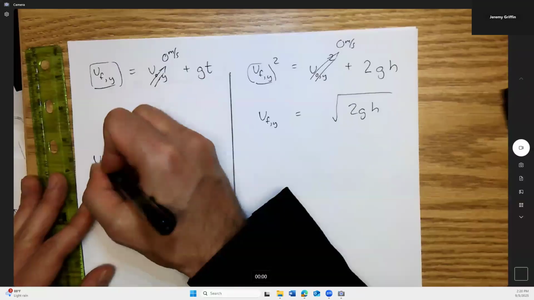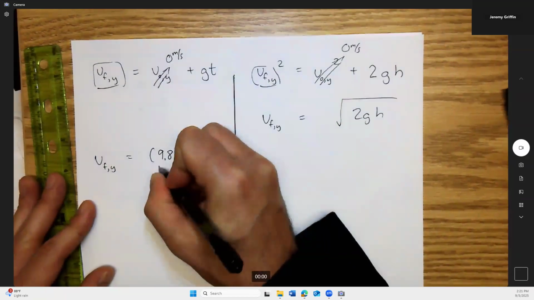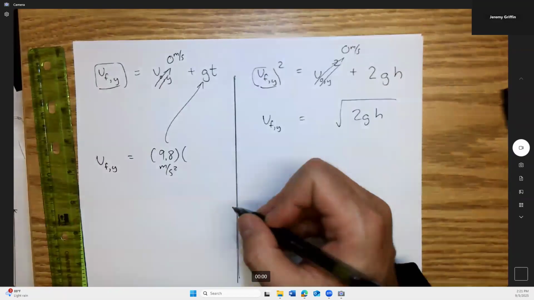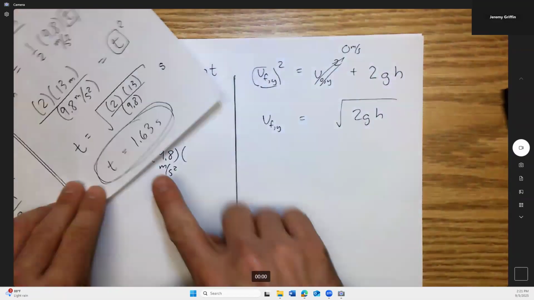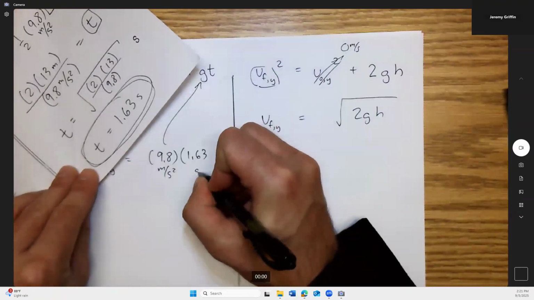So let's plug this in. Final velocity in the y direction is 9.8 meters per second squared times my fall time, which was 1.63 seconds.